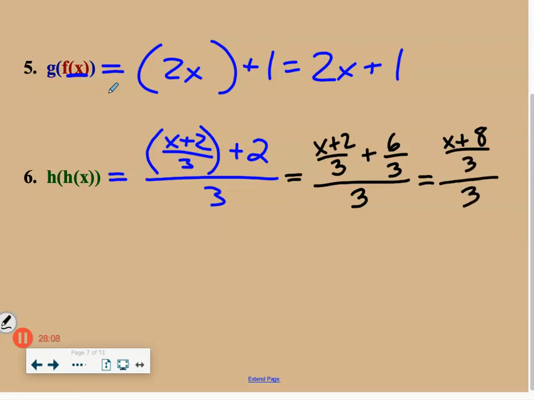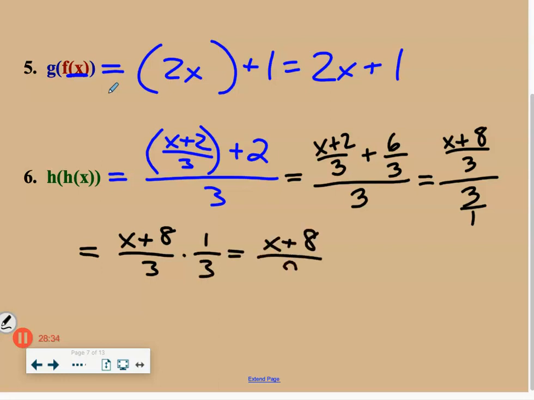Now, a lot of people make the mistake when they see a 3 and a 3 and they think the 3's cancel, but they don't, because this 3 is actually a little fraction over 1. And when you're dividing fractions, you multiply by the reciprocal, and you end up with x plus 8 over 9, right? And that would be the most simplified version.